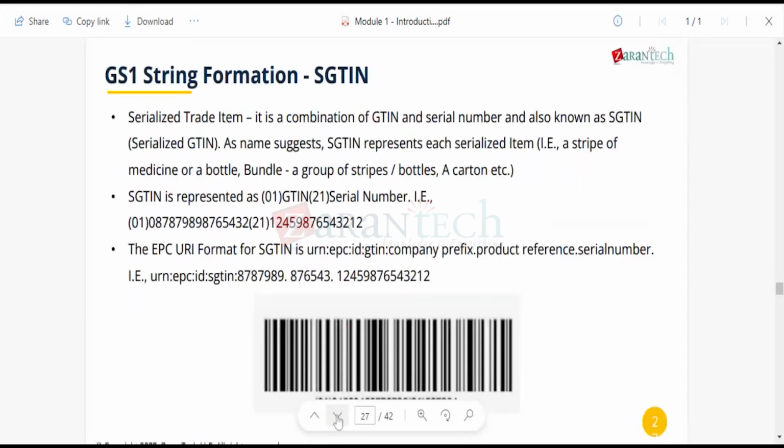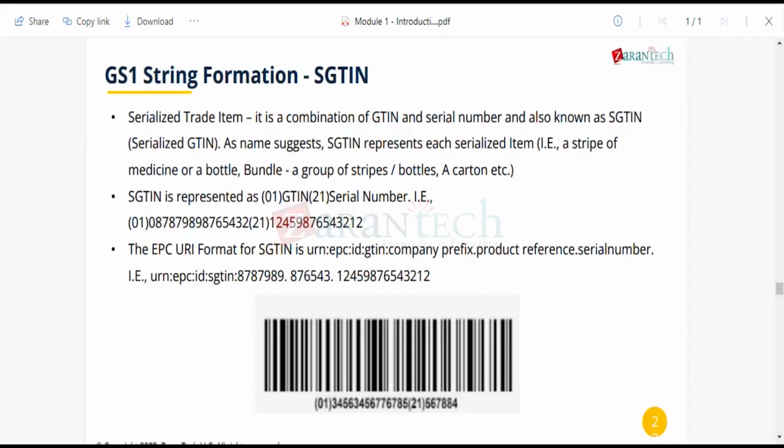Okay, so this is a GS1 string formation basically. What we have seen so far is independent identifiers like trade item number, etc. But in serialization, we need a combination. So let's say you have a medicine strip.